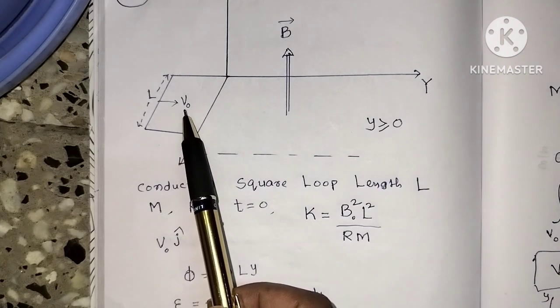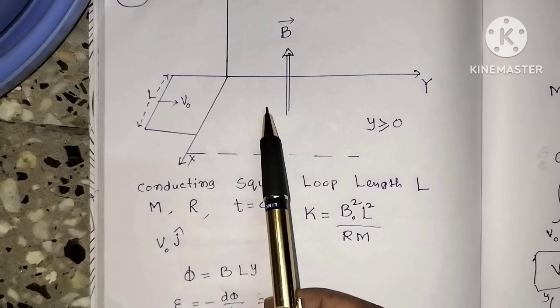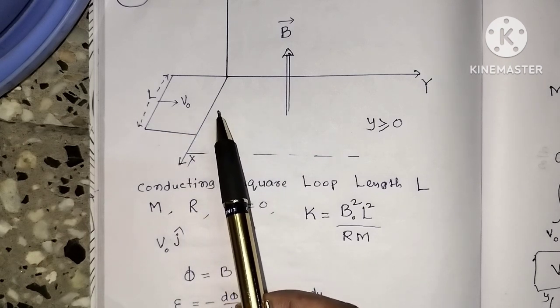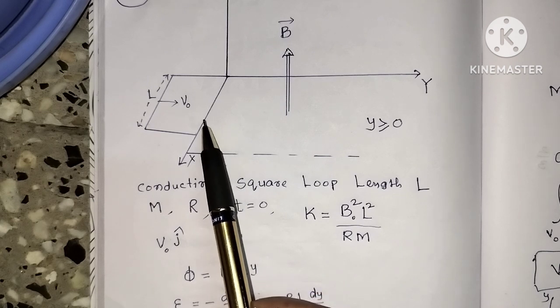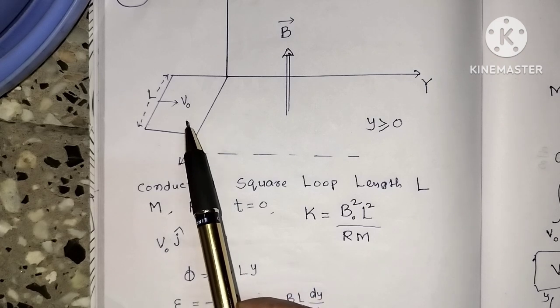So when it enters the magnetic field, because of the change in magnetic flux with time within the loop, there will be an EMF induced in the loop. First we have to calculate the induced EMF in the loop.